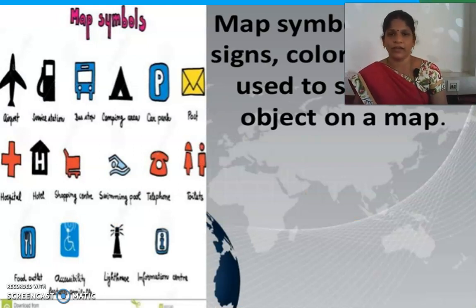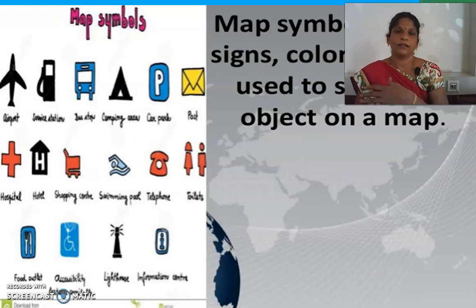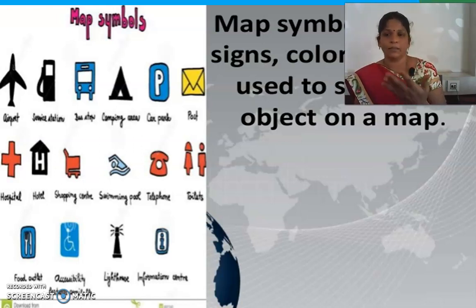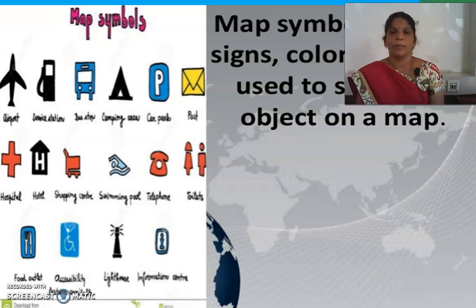Map symbols also come under the conventional symbols. Here I am giving some more examples for you. Map symbols are the signs, colors or pictures used to show any object on a map. If you see a cross symbol anywhere, you should understand there is a hospital near. A hotel is usually shown with a fork and a spoon, which also means restaurant.